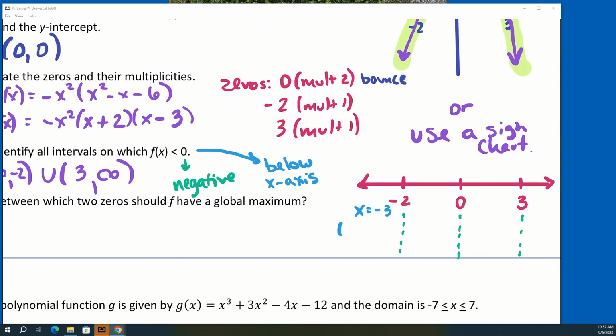So I'm going to take negative 3 and just kind of in my head, I'm going to put it into the factored form. So if I put negative 3 in for this x and I square it, and then there's a negative in front, is that going to give you a positive or a negative? We square the negative first, and we get, yeah, that's definitely going to be a negative.